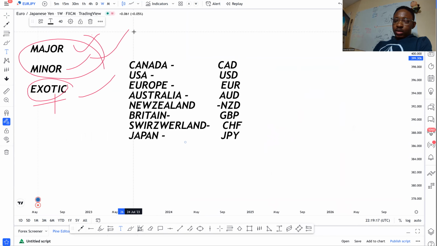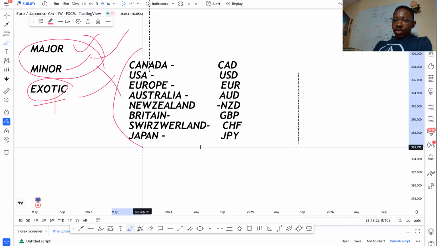All right, so this category is the major and minor currencies.